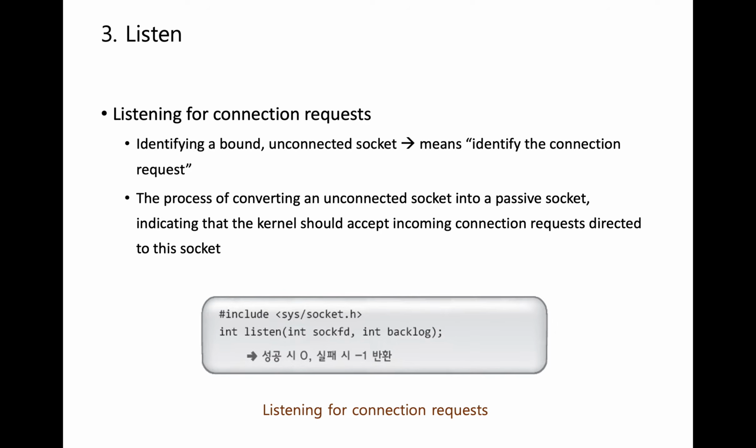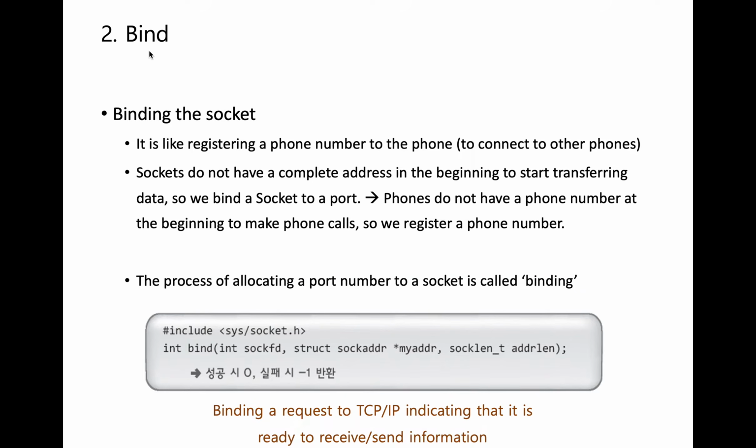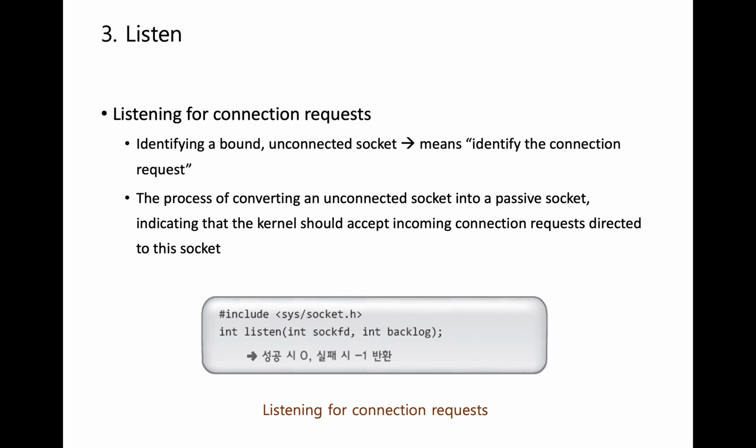In a TCP communication, usually we have a TCP server and a TCP client. So from the beginning, the TCP socket creation and TCP socket binding were actually part of the TCP server, and now the listen is also the same TCP server part. So the action of listening for connection requests is made by the TCP server.